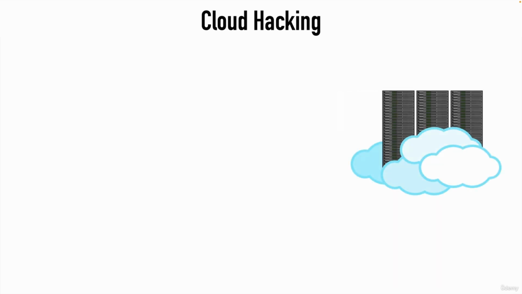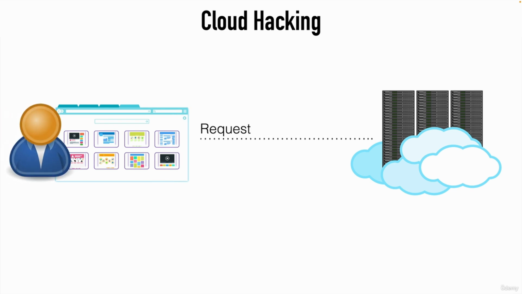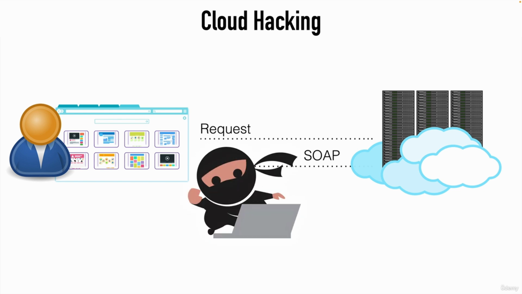When a user exchanges messages with a cloud web server, they send a request over to the server. The server is going to respond with a SOAP message containing a header and a body with the requested information inside. With a wrapping attack, an attacker actually intercepts the SOAP message before that reaches the user.